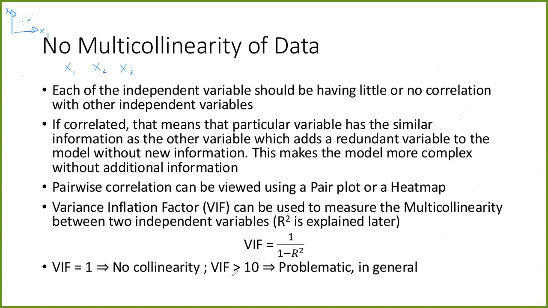If the VIF is greater than 10, generally it's problematic. That means we have to do something with the features, by reducing them or using dimension reduction, because it is too much. For all the assumptions, including multicollinearity, you will find some amount of issues, but if it is too significant, you have to take action.